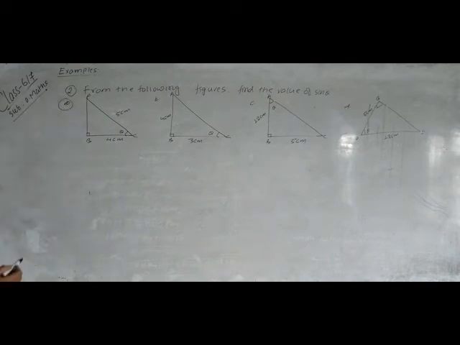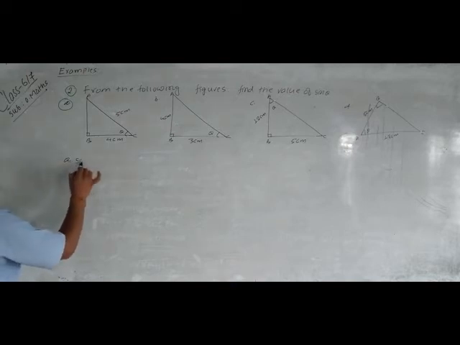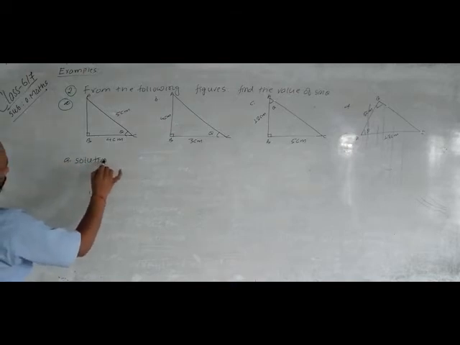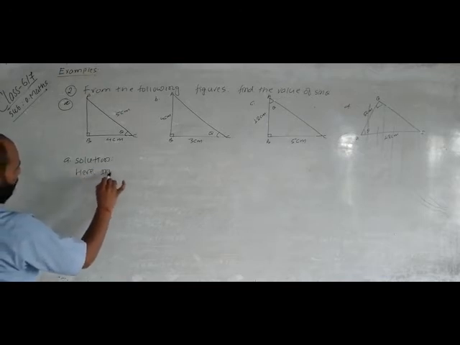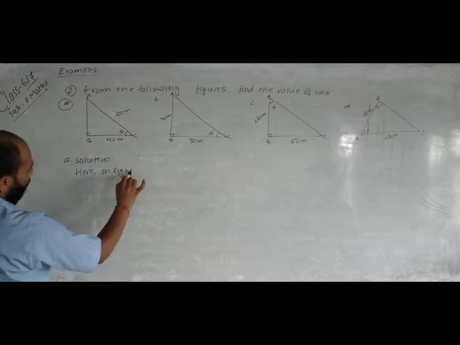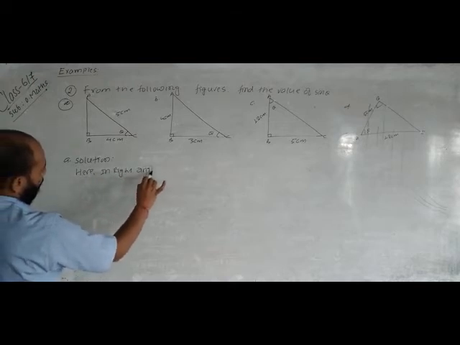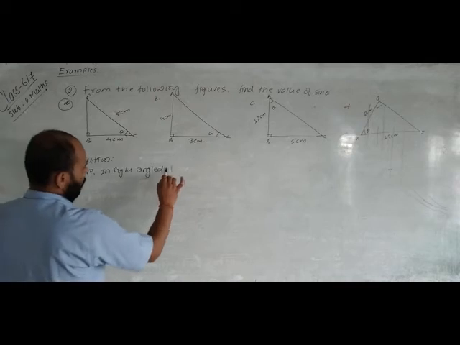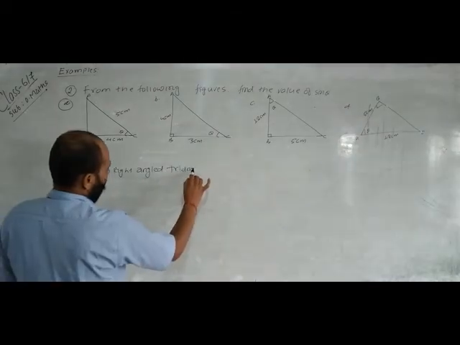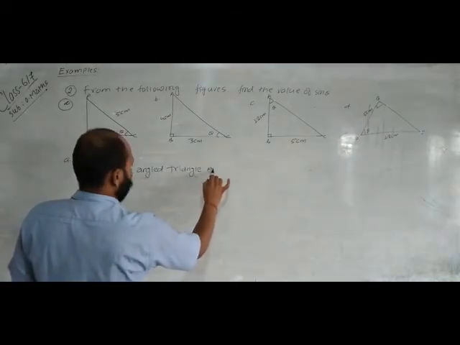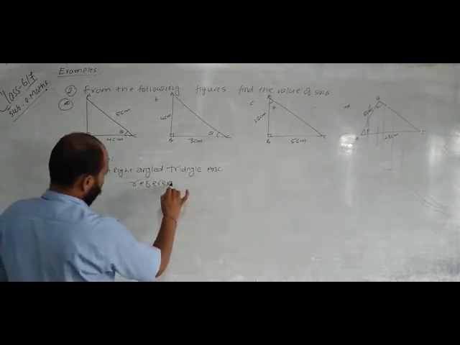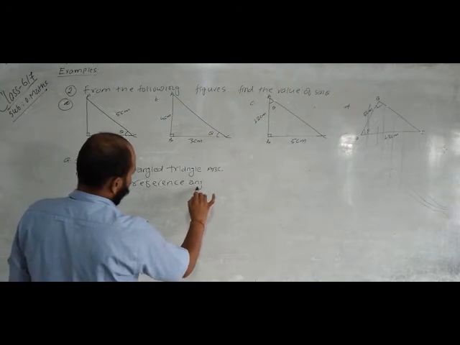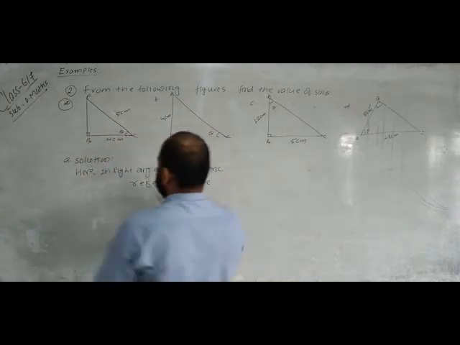Now look here. First you write here solution. A, in right angle triangle ABC, reference angle which is given.